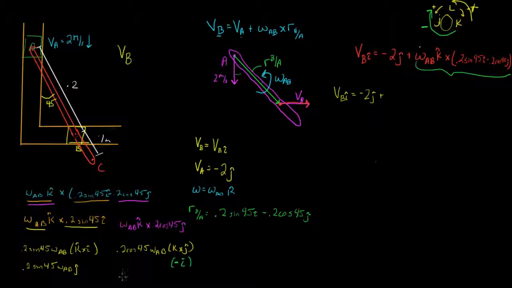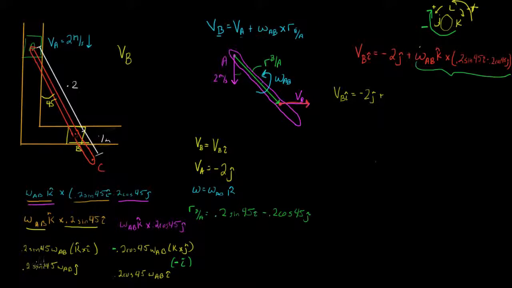And we're going to have a negative i times a minus 0.2, this minus sign right here. So this negative i is going to cancel out with this negative 0.2. And what we're left with is a positive 0.2 times the cosine of 45 omega AB with an i component.